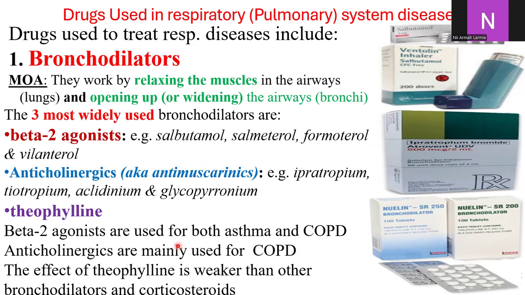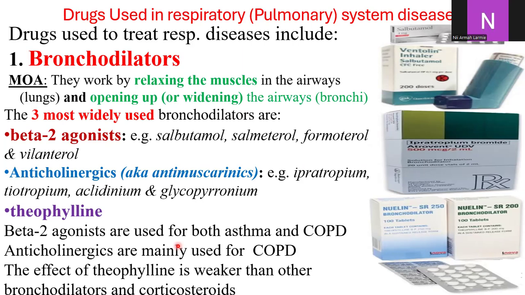There are three main classes or subgroups of these bronchodilators that are available. The first one and the most popular is the beta-2 agonist. These work through the beta adrenergic receptors, and they activate these receptors, which leads to the relaxation of the muscles of the airway, that leads to the opening or the widening of the airways.